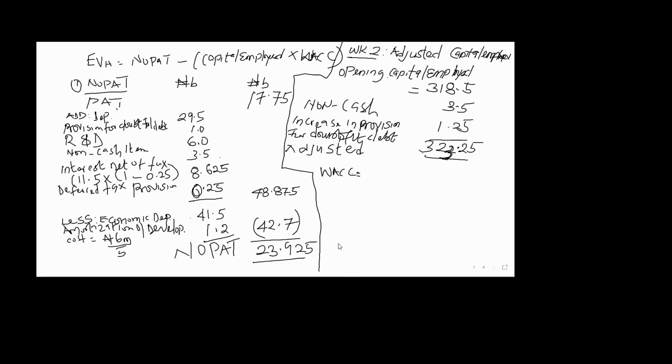It's 6 million. The only difference is that we don't want to recognize the 6 million at once. Yes, spreading that cost over 5 years. It will not impact your capital employed. It's assumed that the benefit is coming in the form of revenue.